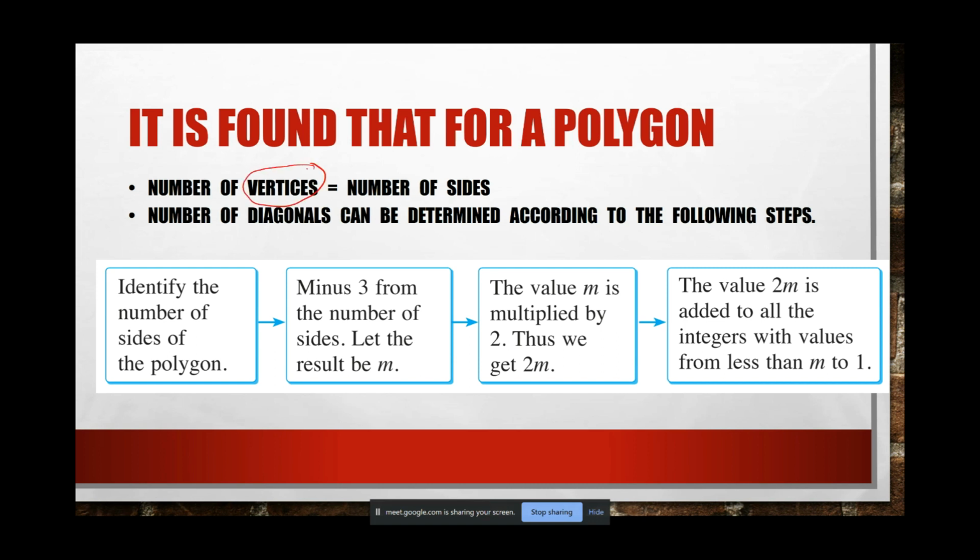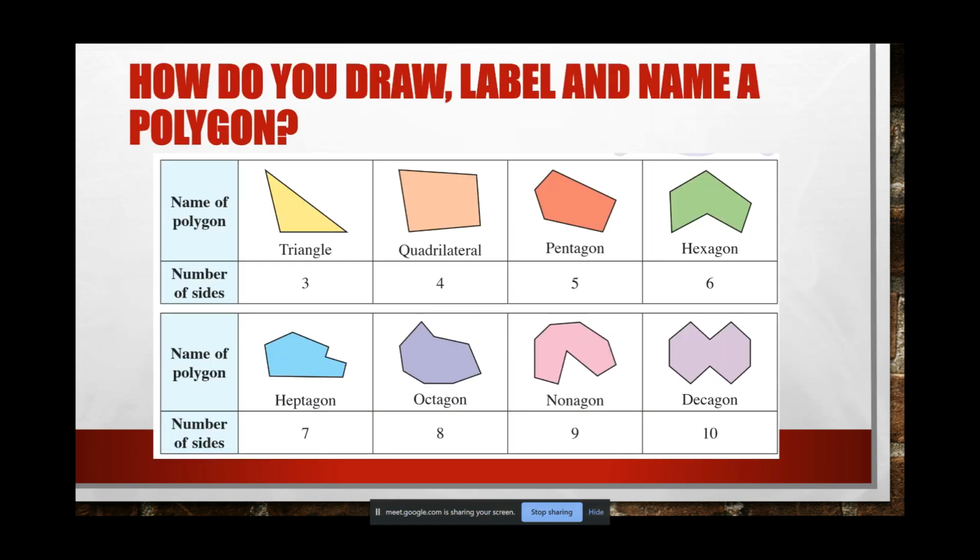All of these sharp points, we call a vertex. Vertex dalam bahasa Melayu dipanggil bucu. Vertices is the plural of vertex. If you have more than one vertex, then we call it vertices. The line that joins up two vertices, we call the side.